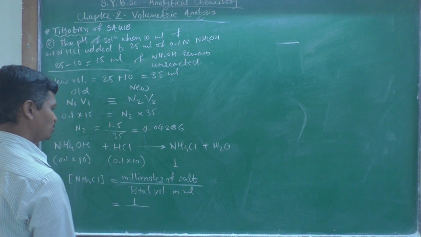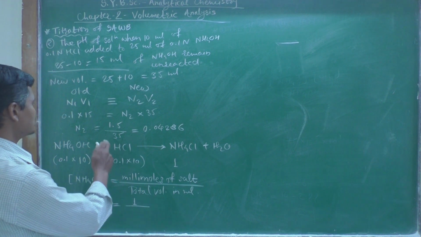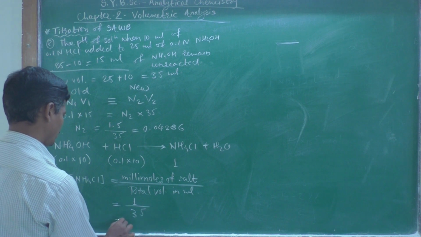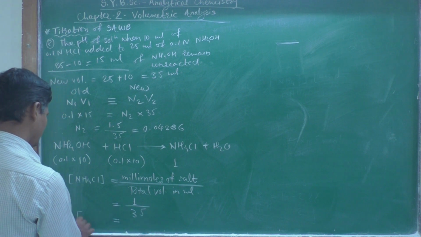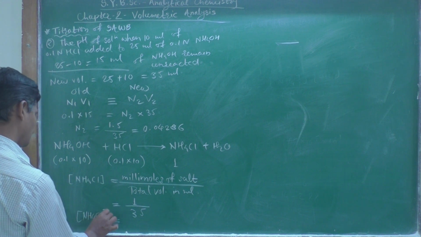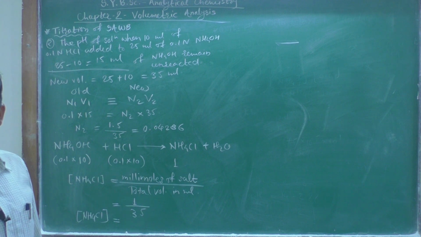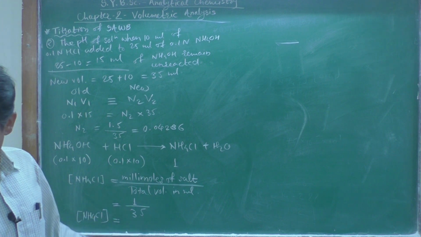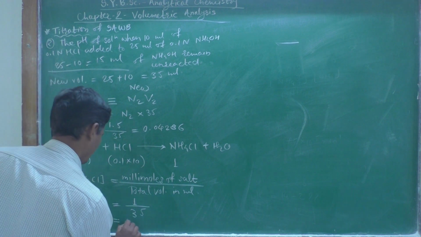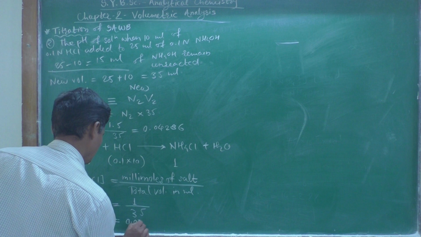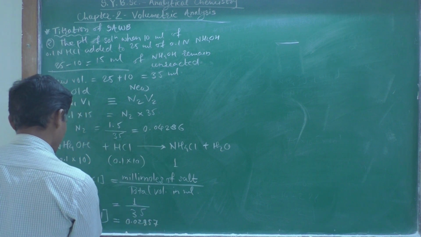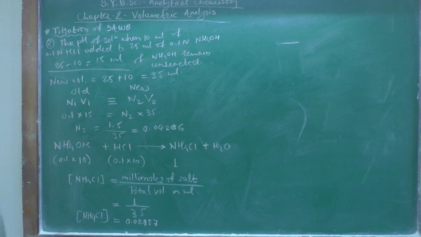And what is the total volume? Total volume is 35 ml. So 1 divided by 35, this is the concentration of salt NH4Cl. The answer will be 0.02857. Okay, so this is the concentration of NH4Cl.